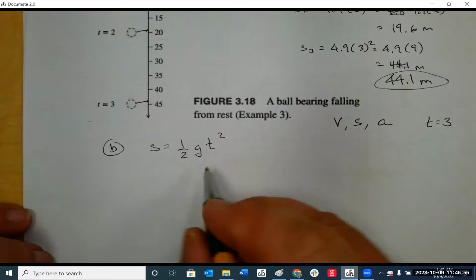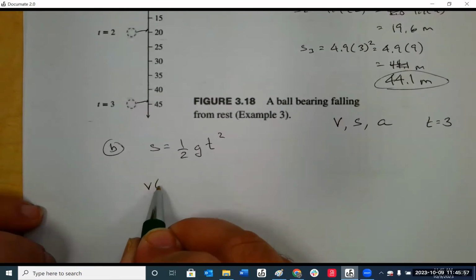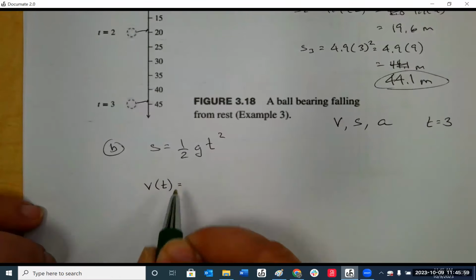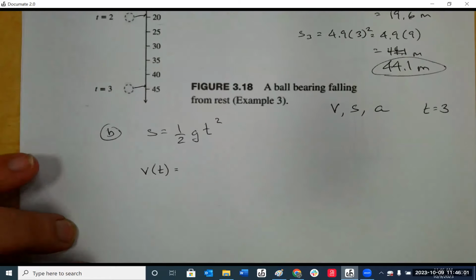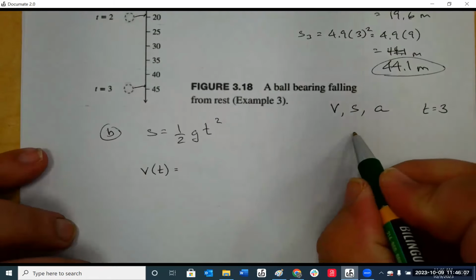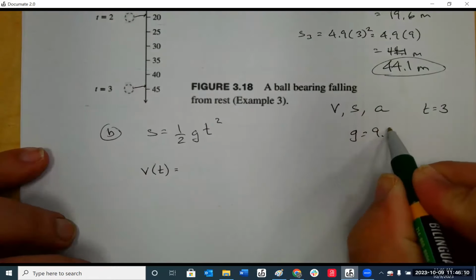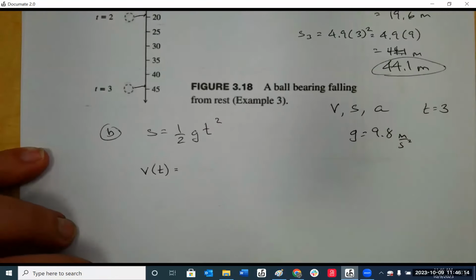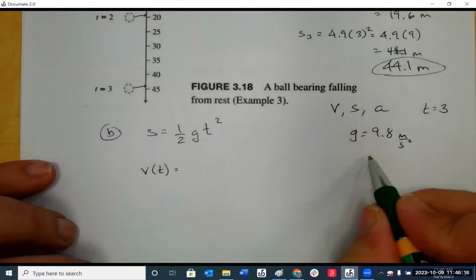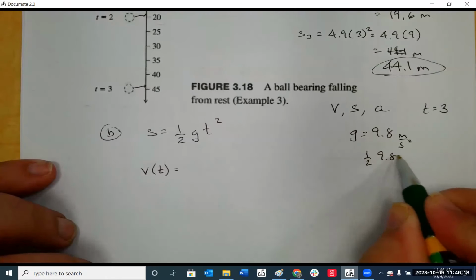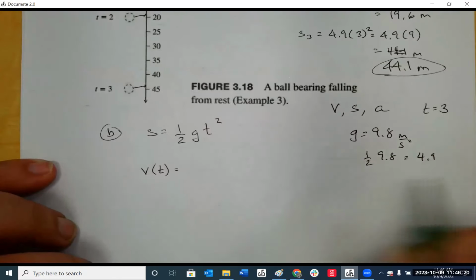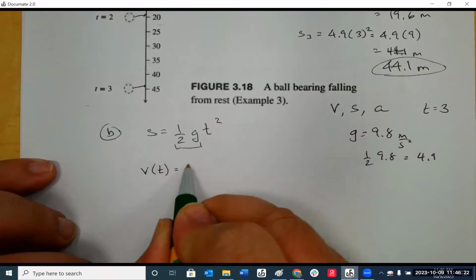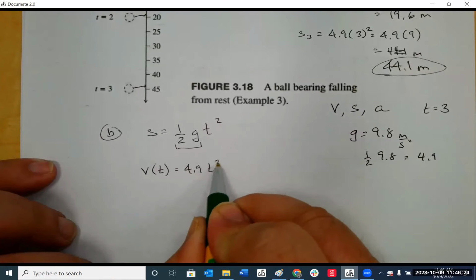So what's the velocity? We know also g is a constant, 9.8 meters per second squared. So this 1/2 times 9.8, we can just say 4.9 from now on. This is always going to be 4.9 t squared.